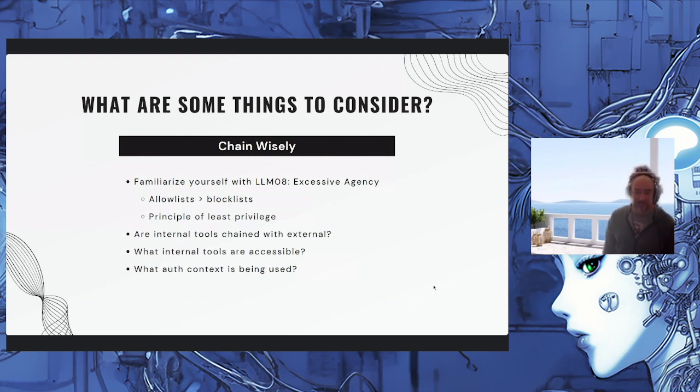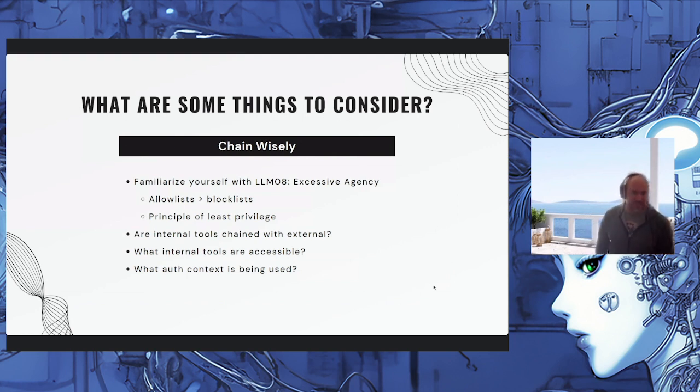Another thing to consider is when you're chaining tools, are you chaining an internal tool, taking that output and then submitting it to an external API or an external tool? If you are, does that internal tool have any data that you don't want going external? That's something to think about. What internal tools are accessible through the agent?